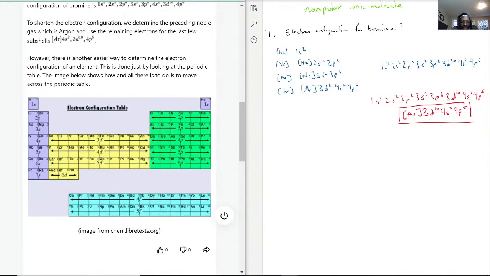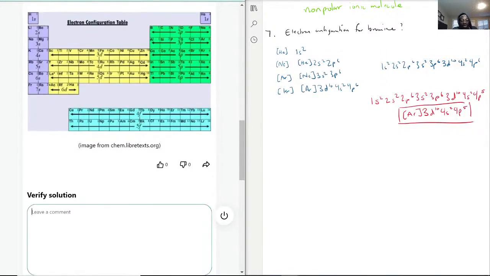As you saw when we were solving for bromine, we had 4s2 3d10 because it covered this whole d row, and then we went back to the 4s and we ended at 4p5. So this is correct, although it should be reorganized with lowest shell first.